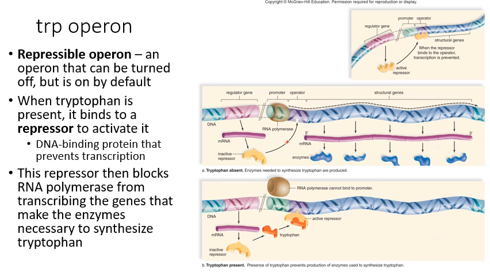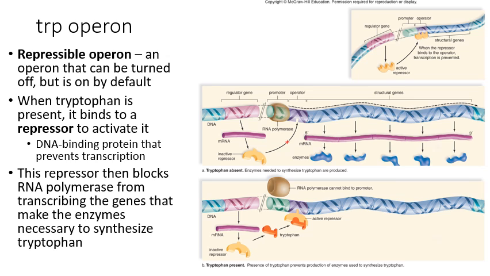This is a really similar curve that we have here. If there's a little bit of tryptophan present, we're going to have some blockage, but not a ton of blockage. If there's a ton of tryptophan present, we're going to have total blockage of transcription. So it gives the cell some flexibility and precision with the control of this.